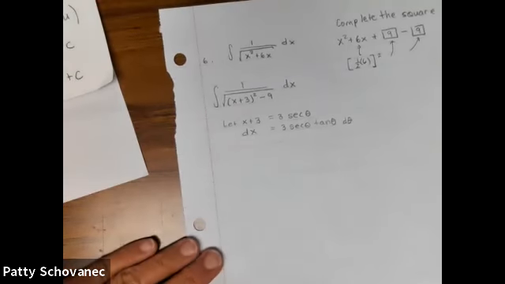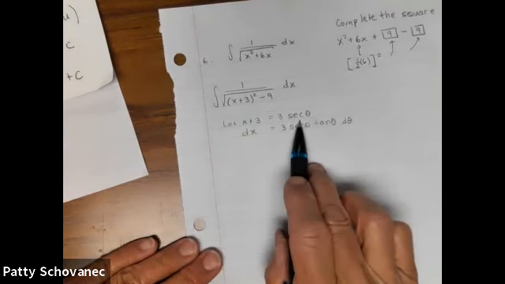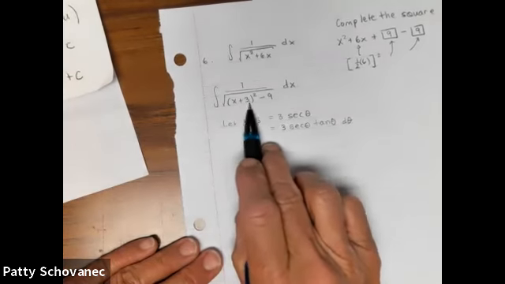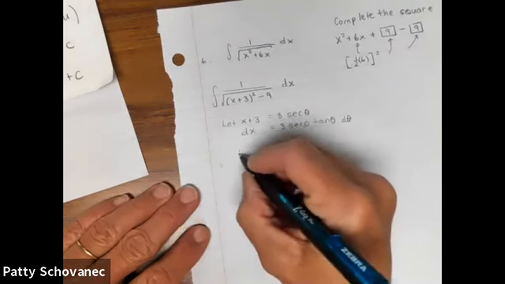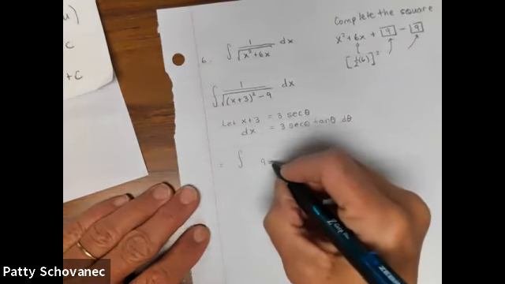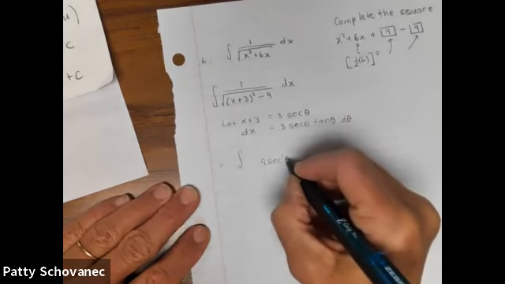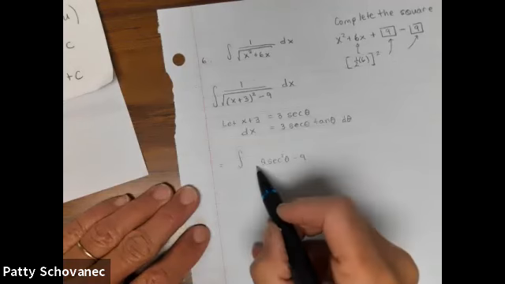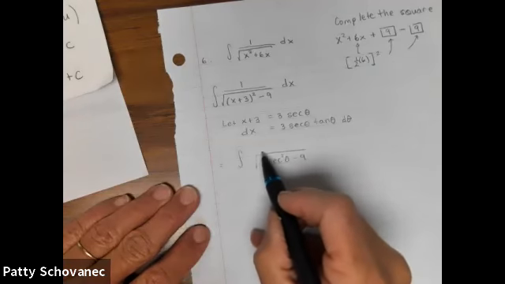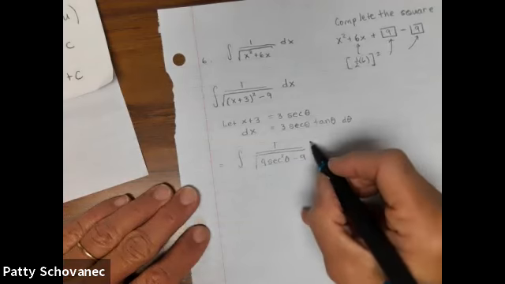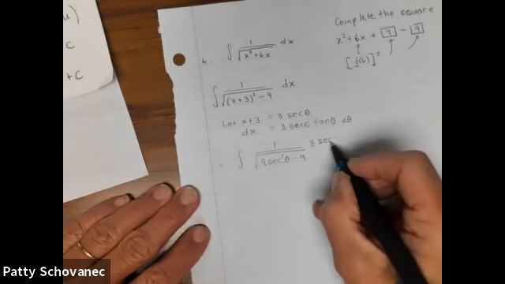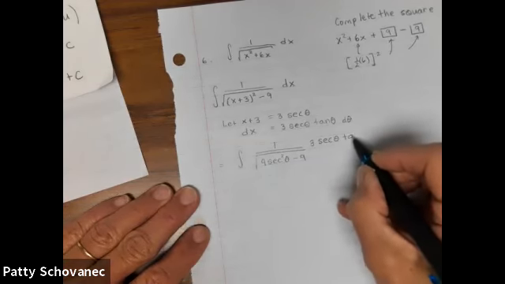And now we're going to substitute that in. x plus 3 is 3 secant theta, so x plus 3 squared is 9 secant squared theta. That's under the radical sign. dx is all of this, 3 secant theta tan theta d theta.